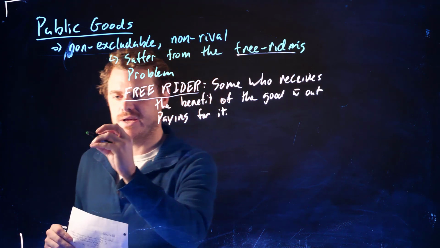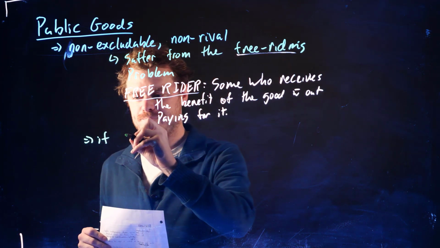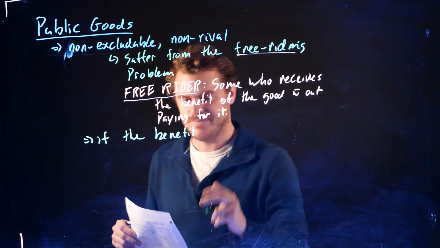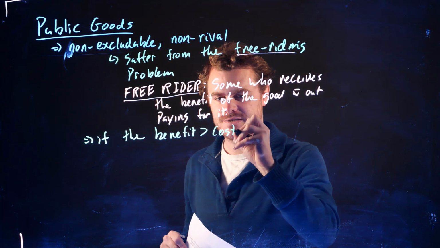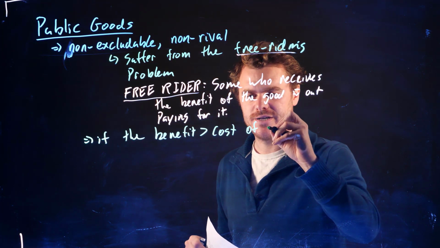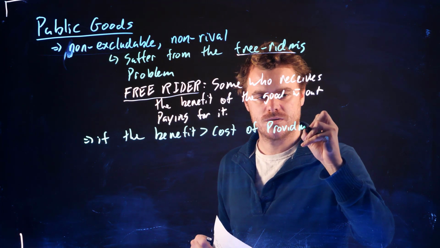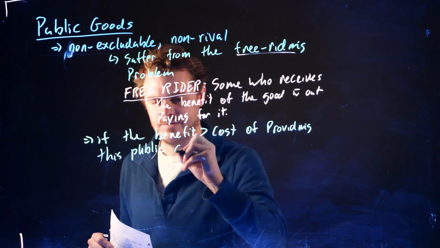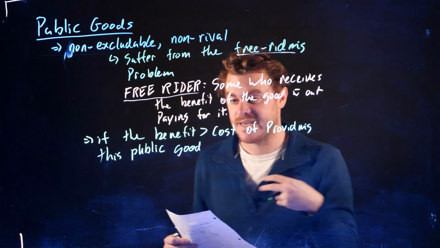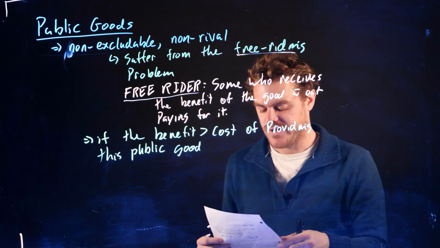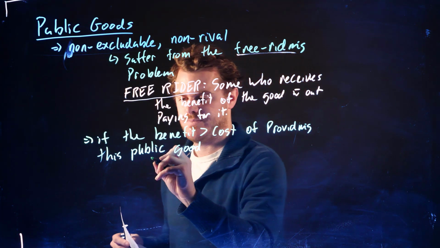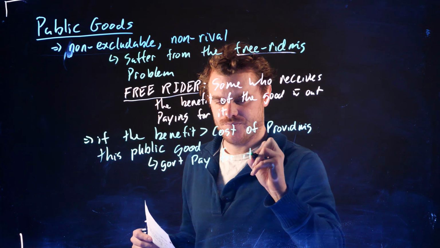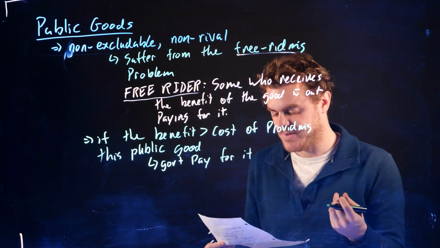And so if the benefit of these goods is greater than the cost of providing these public goods, then you might have a case for government intervention, where the government's going to pay for it, and then tax people who benefit.